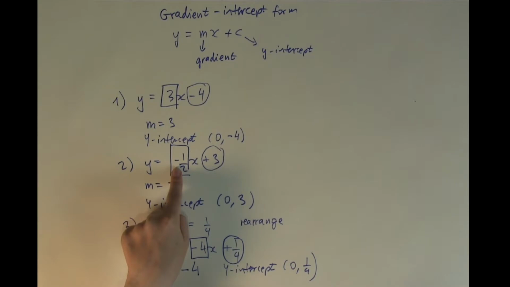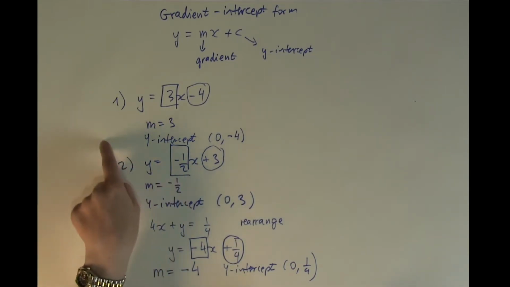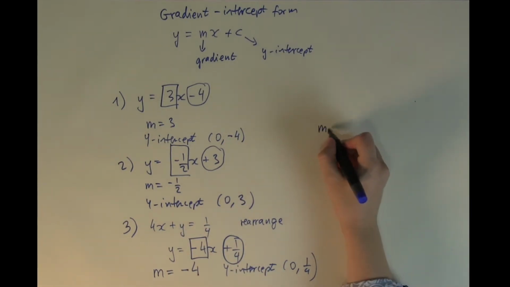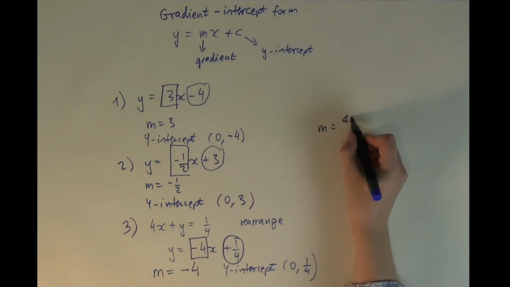This would also be a downward sloping graph, but it's a very, very lazy graph. It hardly changes, because with the fractional gradient, remember the gradient was the change in y divided by the change in x.